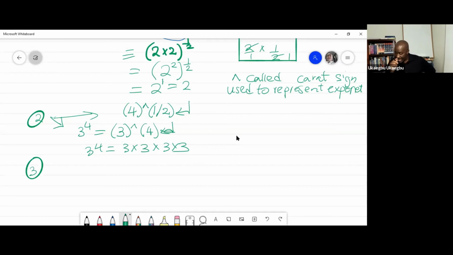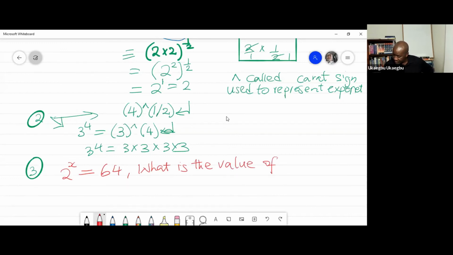How about if we have a number like this: 2 raised to power x equal to 64. What is the value of x?